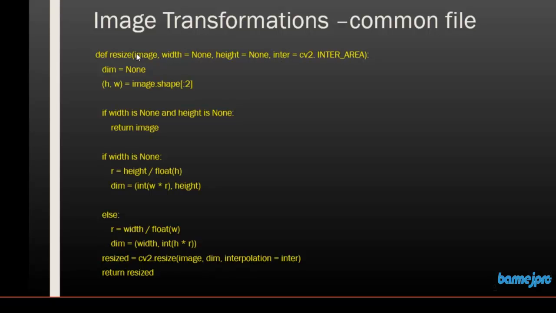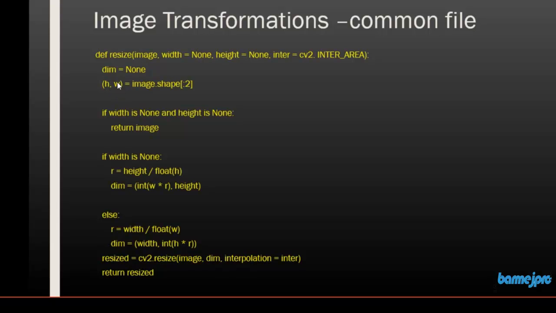The image will be passed. Width we initialize as None, height we initialize as None, and the interpolation is initialized as cv2.INTER_AREA. Now, after indenting, we initialize the dimension as None. Then we get the height and width of the image passed into the function, and save them here.